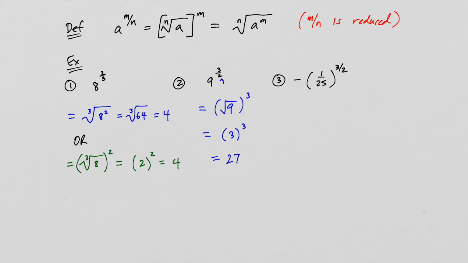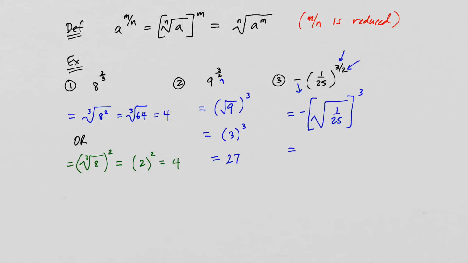For the next example, this negative out here is pretty much a decorative feature. In other words, you do all this first and you just make your answer negative in the end. What I'm focused on is this 2 here tells us that we have a square root of 1 over 25, and then that will be raised to the third power. That's what the top number tells us. And then that negative here just needs to come down in front.